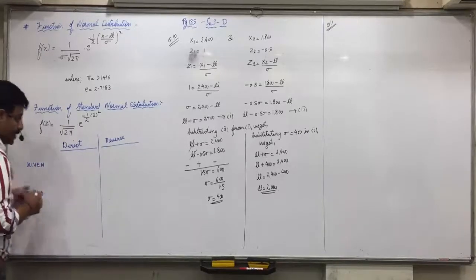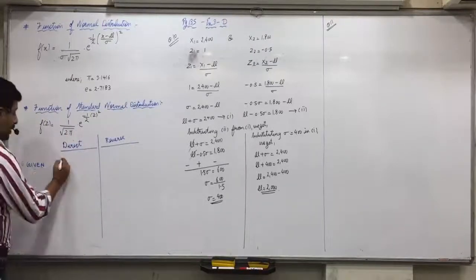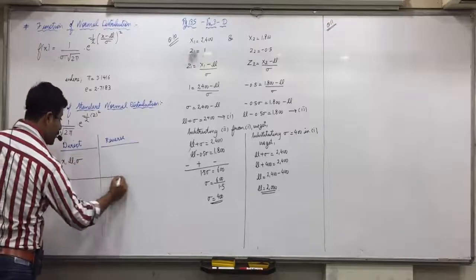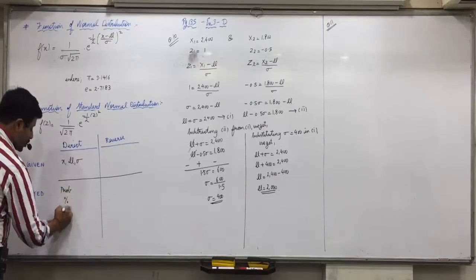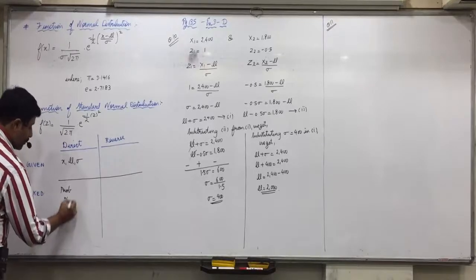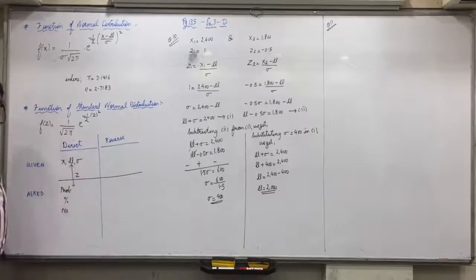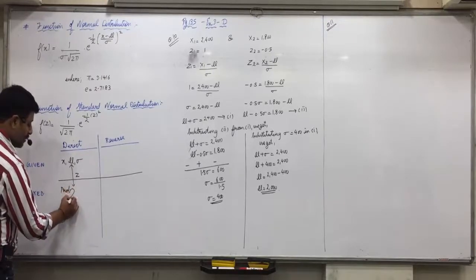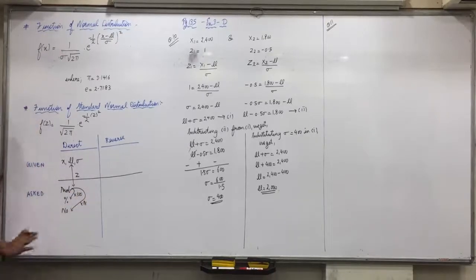We did this earlier that in direct questions you would be given x, mu, sigma, and you'll be asked probability, percentage or number. In between you will have z. From x, mu and sigma you will obtain z. From the z value, looking at the table you will obtain probability. If percentage is asked then multiply with 100. If number is asked then multiply with n. This we have already seen.